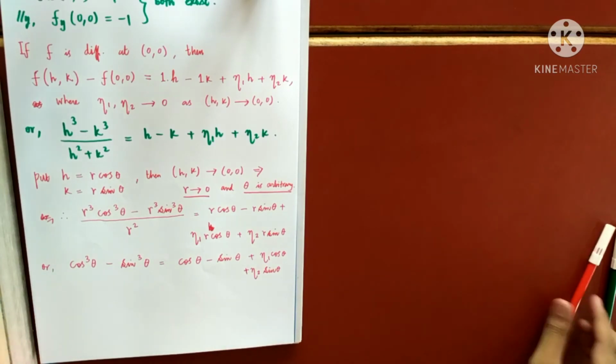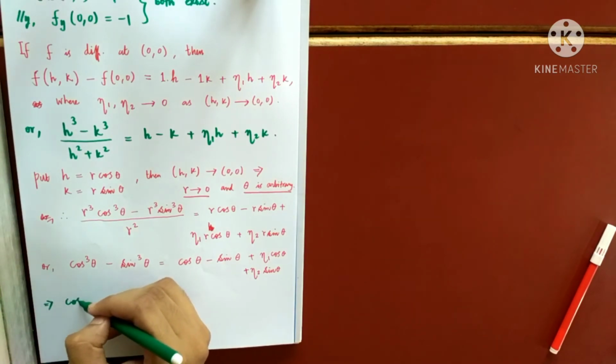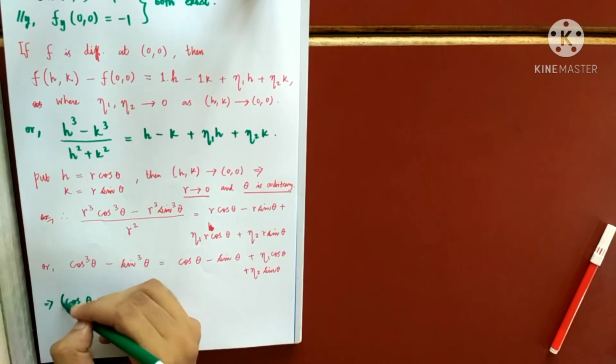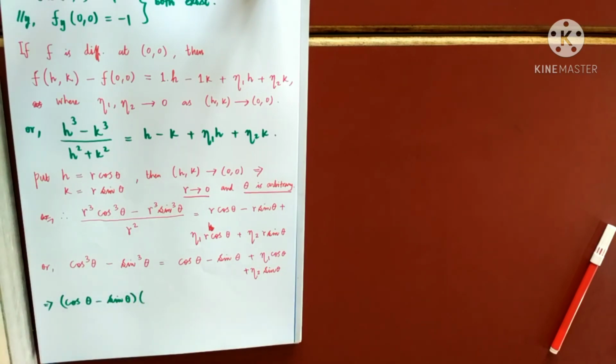Let's apply the formula for a cube minus b cube. It is a minus b in bracket a square plus b square plus ab. I hope you all know this formula.